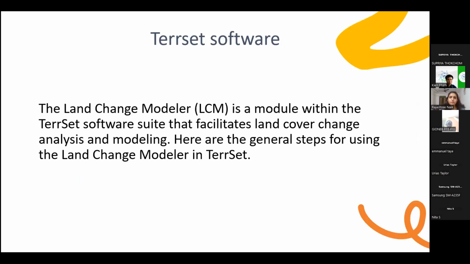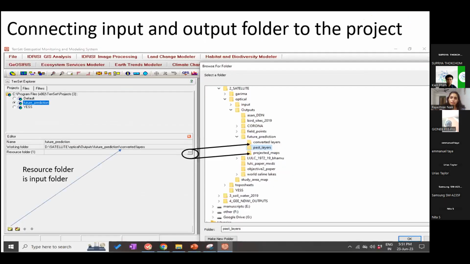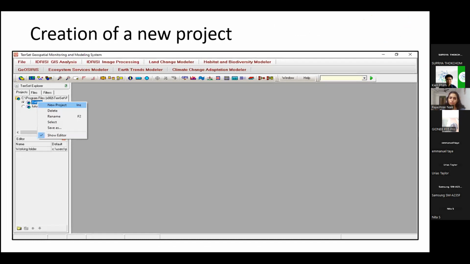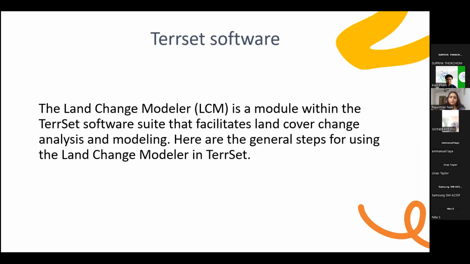After that, there is a package in the software called Land Change Modeler. You have seen that this software offers so many packages. For future prediction, we will use the Land Change Modeler package.